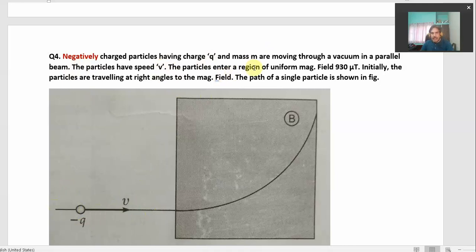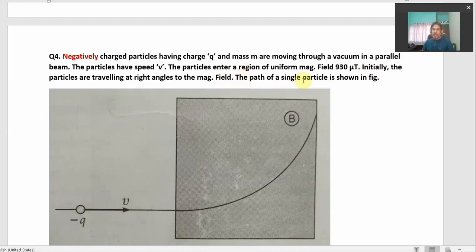The particles enter a region of uniform magnetic field whose value is given to be 930 micro Tesla. So there is a region in which a magnetic field of this magnitude exists, and the negatively charged particles enter this magnetic field. Initially, the particles are traveling at right angle to the magnetic field; the direction of motion of the particles was perpendicular to the magnetic field.